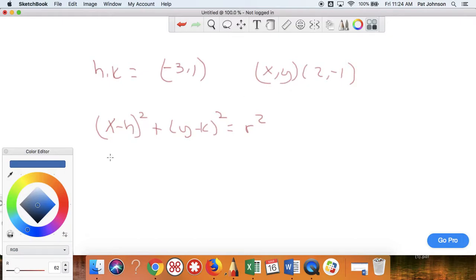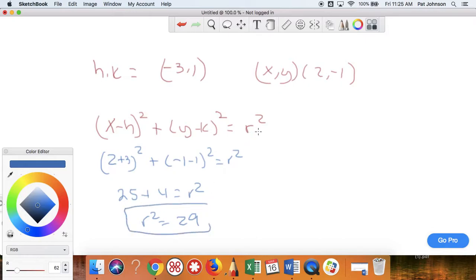So X is 2 minus H, so it's +3 squared, plus Y is -1 minus K is -1 squared equals R squared. So I'm going to get 25 plus 4 equals R squared. So R squared equals 29.